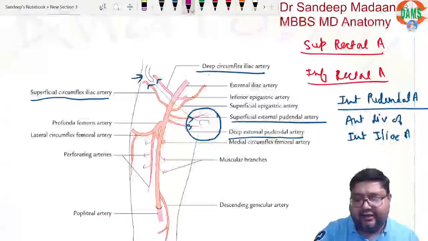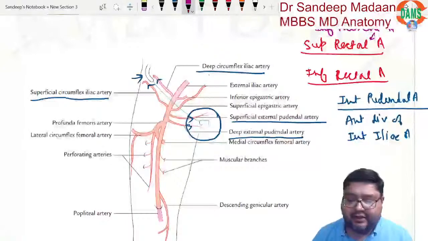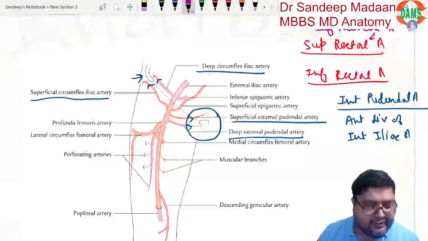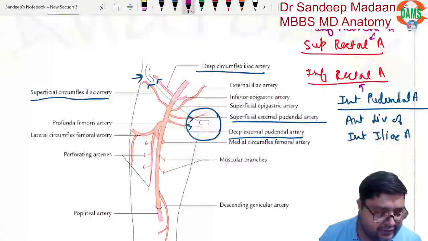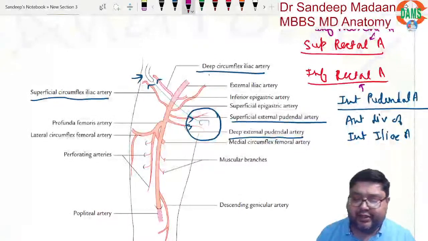Superior rectal artery is a branch of inferior mesenteric artery. Inferior mesenteric artery will give this superior rectal artery. Inferior mesenteric artery means artery of the hindgut. But internal pudendal artery will give the branch inferior rectal artery. Inferior rectal artery will be a branch of internal pudendal artery.